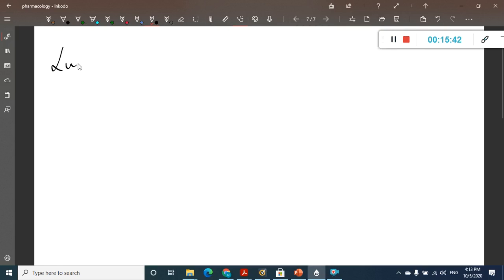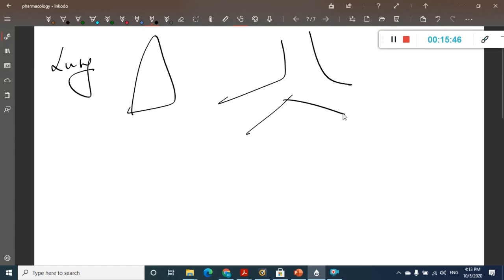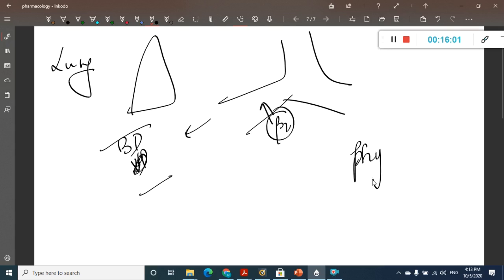Now coming to the lungs. In the lungs we have bronchi, and in the bronchi there are beta 2 receptors. These beta 2 receptors cause bronchodilation. There is one thing which is asked very frequently, called physiological antagonism. What is physiological antagonism? Two drugs act on two different receptors and have opposite actions.